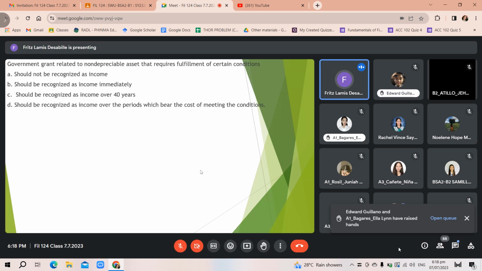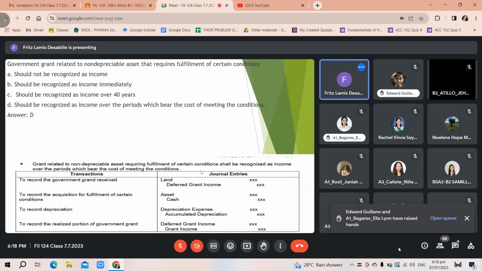So in that case, in recognizing the grant related to non-depreciable asset, we recognize the deferred grant income as we achieve or as we accomplish the conditions set upon by the government to us. And the recognition should be recognized as income over the periods which bear the cost of meeting the conditions. So answer is letter B.